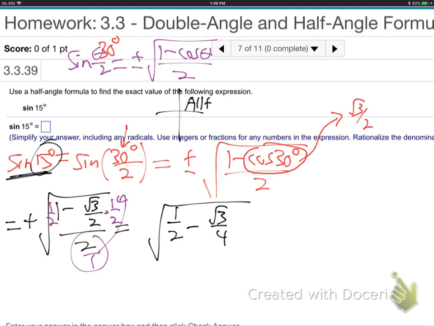So we get to here. Now, why aren't I done to here? Well, what do you got to do when you got two fractions? Common denominator. So, common denominator, multiply top and bottom by 2 to make both denominators be 4. Are we good there? Okay, so what do we get? 2 4s minus root 3 over 4.